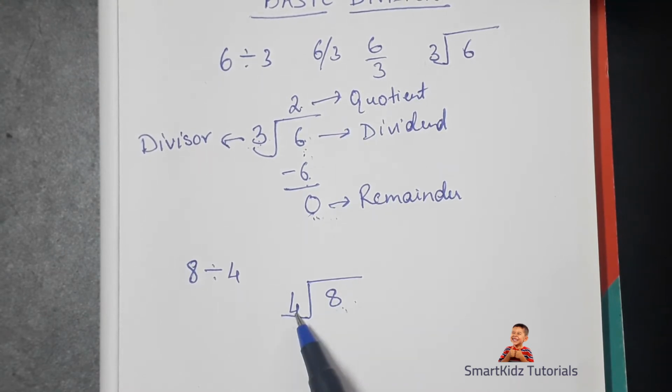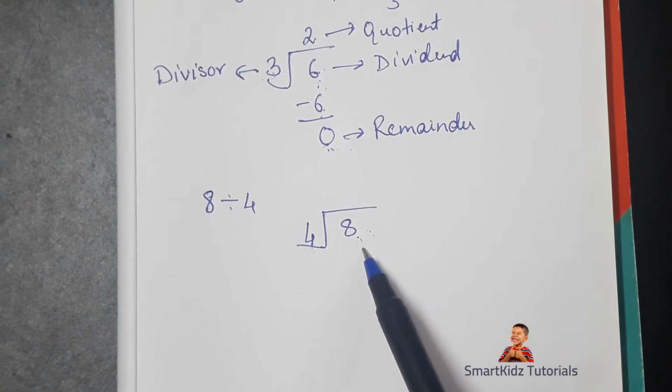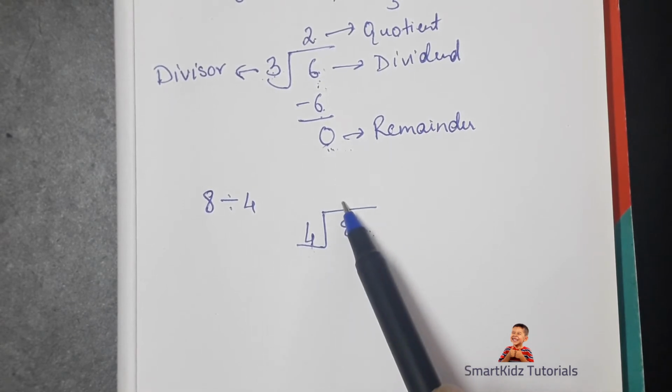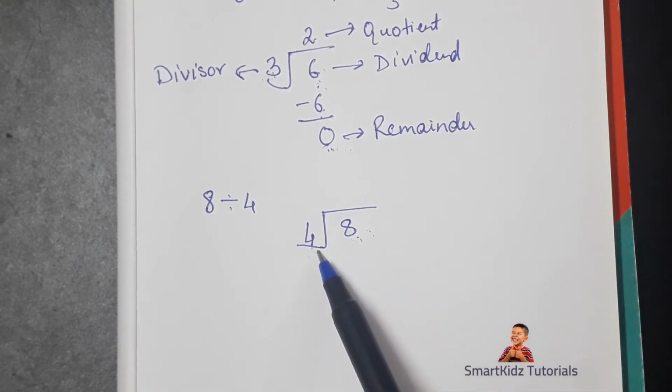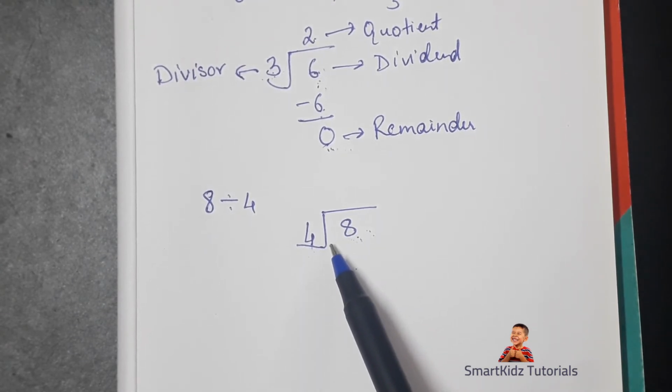So here we see there is units place and units place in both cases. Then in that case, division becomes very easy and simple. Now to find out what number we should divide this 8 with, as in what should be our quotient here, we need to know the 4 times table. The link for the 4 times table is there in the description box, and also for other tables.